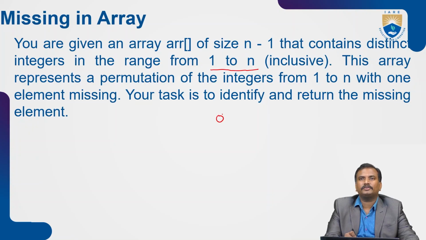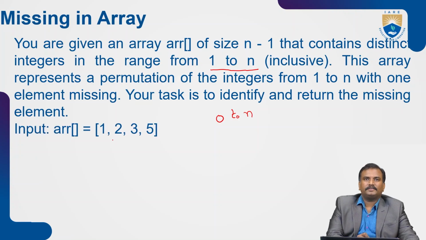In the LeetCode question, the range is 0 to n, whereas here it is 1 to n. This array represents a permutation of the integers from 1 to n with one element missing. Your task is to identify and return the missing element.